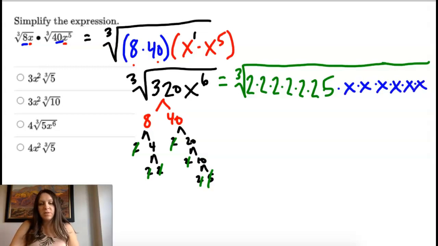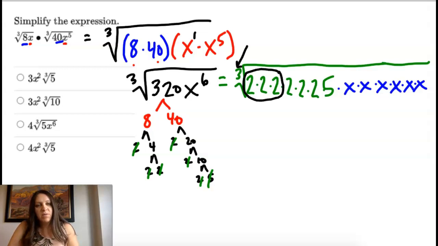So what I did was I took everything inside the radical and I broke it down. I expanded it out. And so I'm now going to look at the index number, and I'm looking for 3 of a kind. So 3 of the same thing. So I have 3 2's here. And when we pull that outside of the radical, we just write one 2.